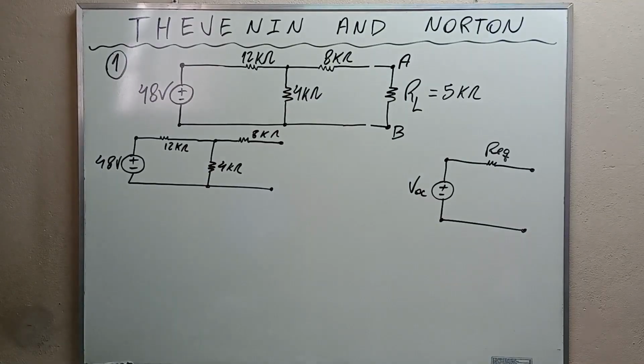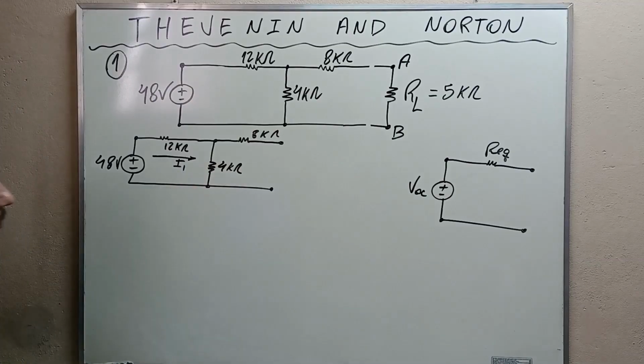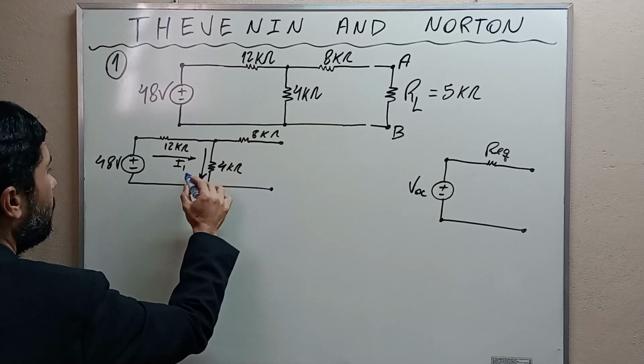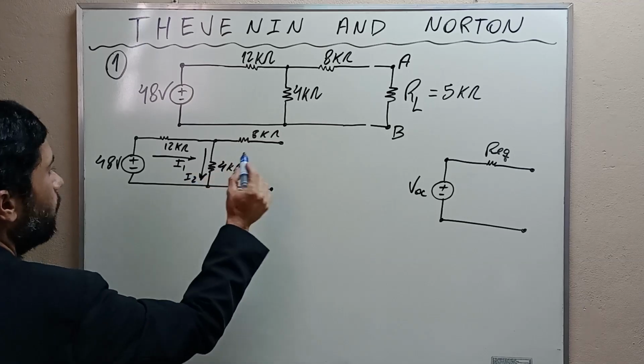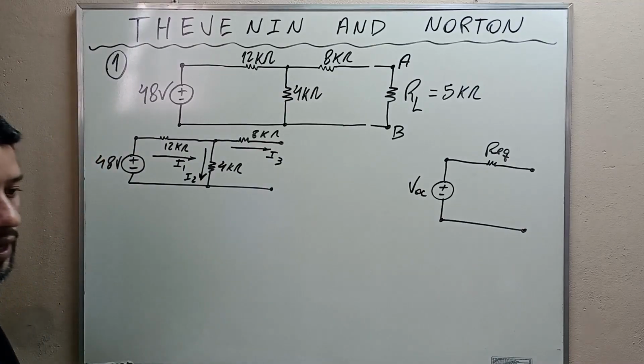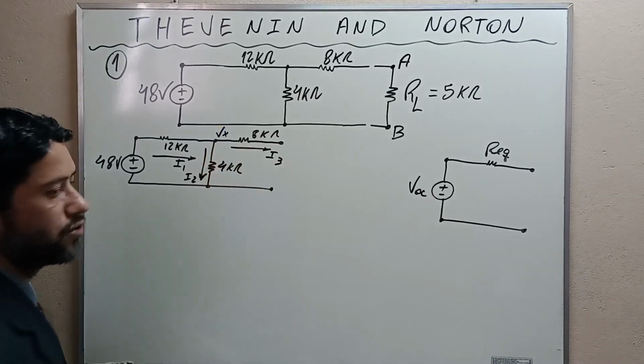And to facilitate the resolution of this exercise, we shall use some labels. I'm going to label this current here I1. I'm going to label this current here I2. This current here will be I3. And the voltage at this node, I'm going to call Vx. Okay?